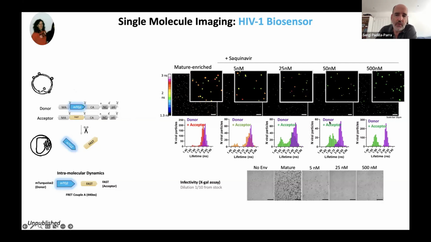But now we have a tool that will tell us which of the single particles are indeed mature or immature, and of course, if they don't express any of these fluorescent proteins, most likely they are exosomes, even if some of these exosomes could be decorated with the envelope glycoprotein that we're interested in looking at. But we need to discard these events.